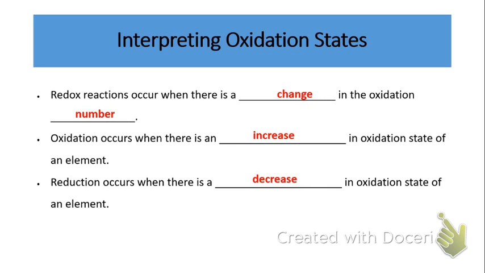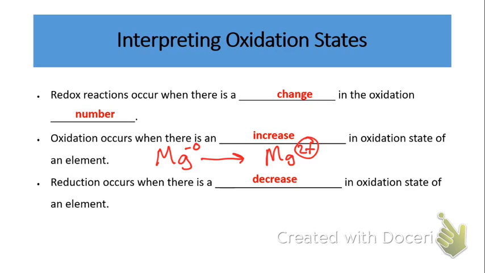All right? Now, oxidation occurs when there is an increase in oxidation number of an element. Reduction occurs when there is a decrease in the oxidation state of an element. So what this means is, going back to our Lesson 1 where we saw that magnesium changed its oxidation number, it went from 0, because it's an element, to a +2.